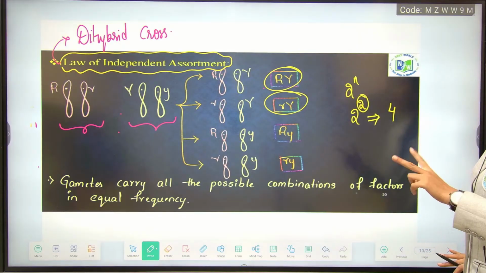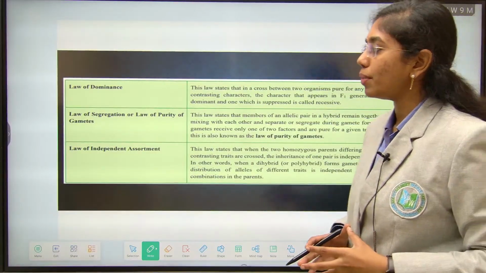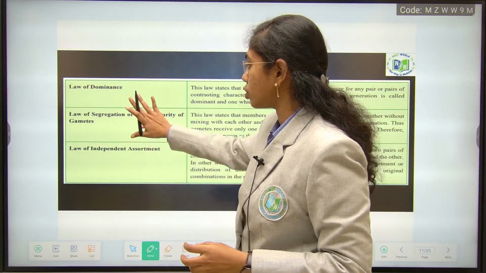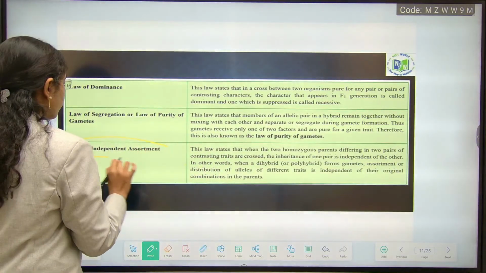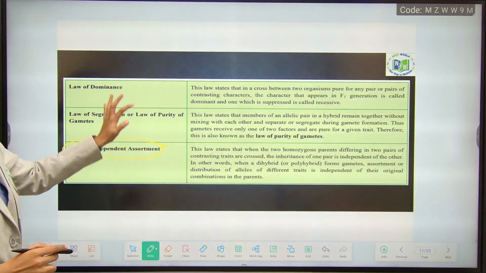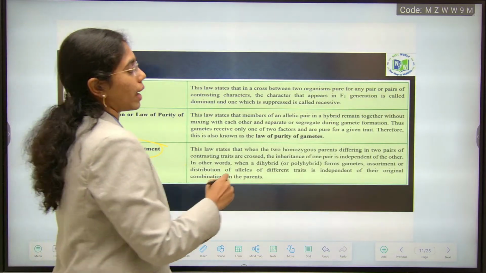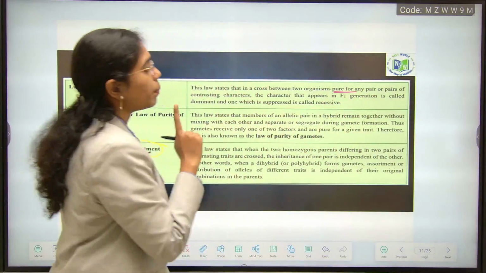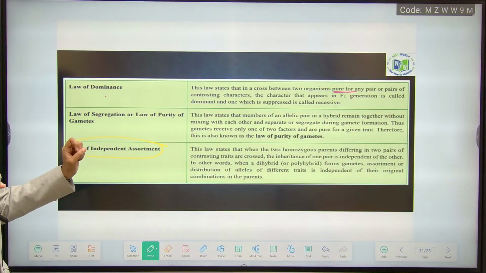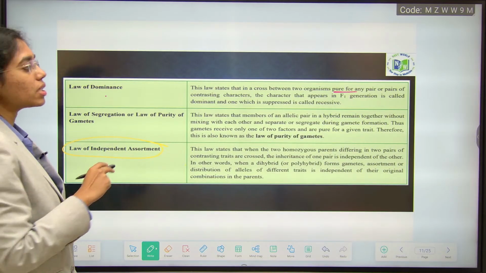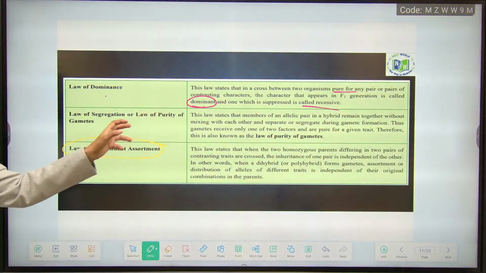So here you see the law of dominance, the law of segregation, which is also known as the law of purity of gametes, and third is the law of independent assortment. The law of dominance states that in a cross between two organisms pure for any pair of contrasting traits, the character that appears in the F1 generation is called dominant, and the one which is suppressed is known as recessive.